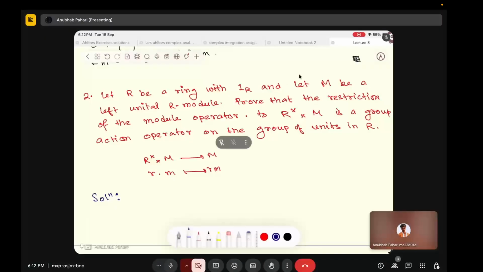Recall that R star is indeed a group under multiplication.